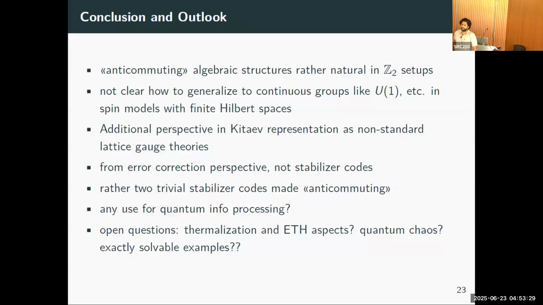Those are the kinds of things we are looking into, but there's nothing concrete as of now, because we are using exact diagonalization at the moment. And then you don't get to a big system size. So it's not clear to us right now if it will be enough to say something strong, but we'll find out.